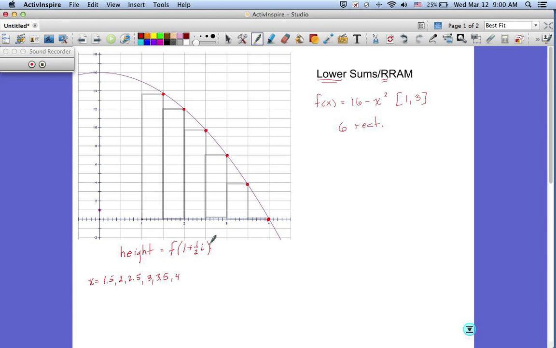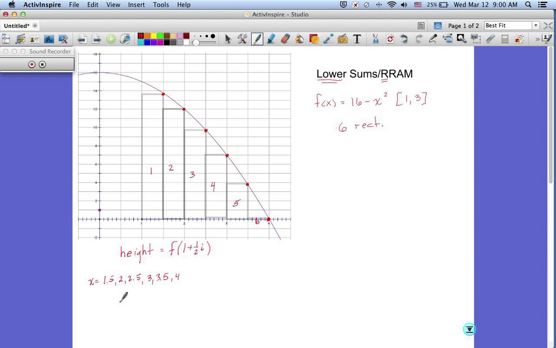So for rectangle number 1, 1 plus a half, boom, f of 1.5. Rectangle 2, 1 plus 2 halves, boom, height's 2. Rectangle 3, 1 plus 3 halves, 3 halves is 1.5, so that's 2.5. Rectangle 4, 5, and rectangle 6, again, is the one that really is pointless. But 6 rectangles, he's there, we're using him.